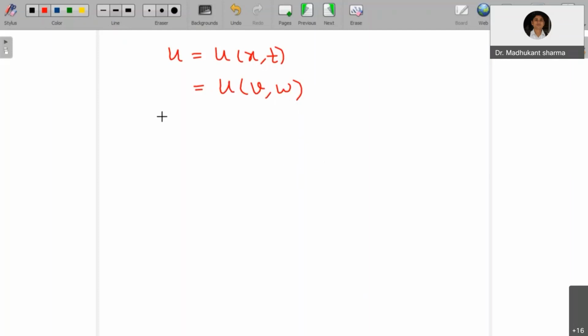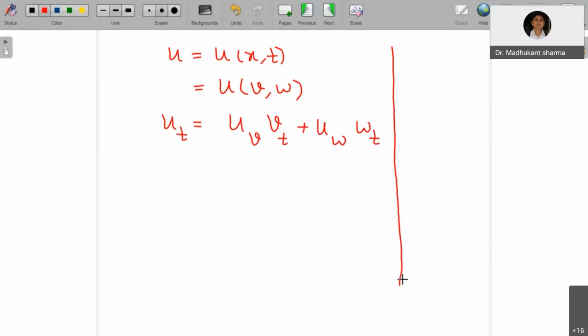Now ut, if you differentiate partially with respect to t, by the chain rule is u_v times v_t plus u_w times w_t. Parallelly, I can also perform for uxx, so ux is equal to u_v v_x plus u_w w_x.